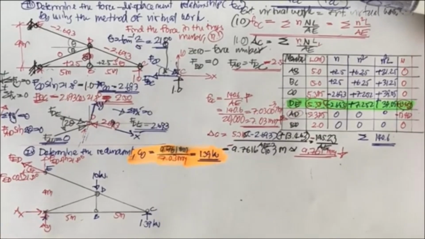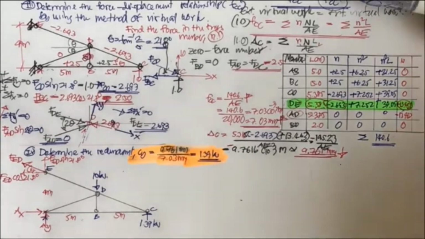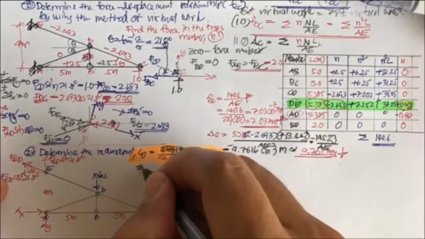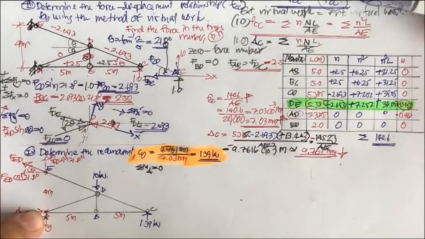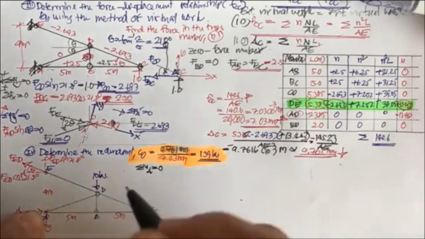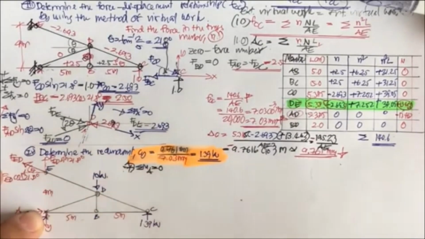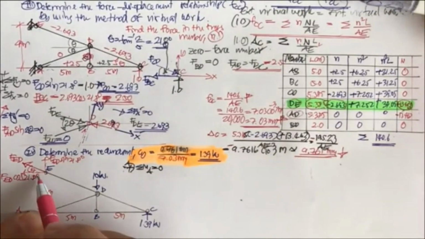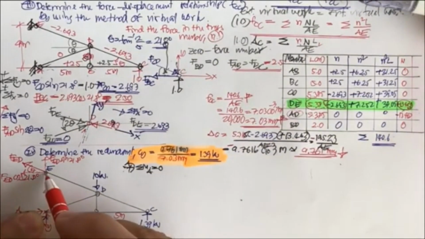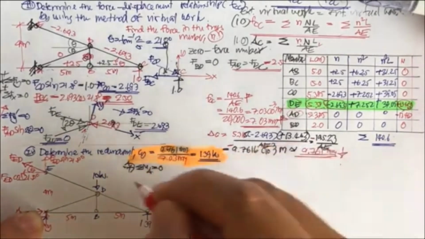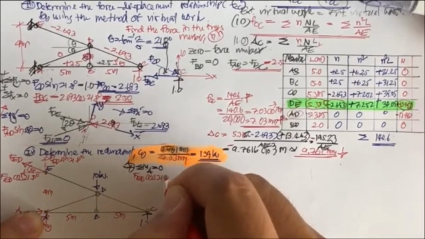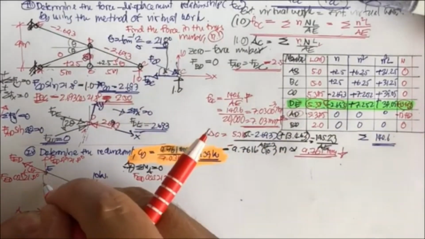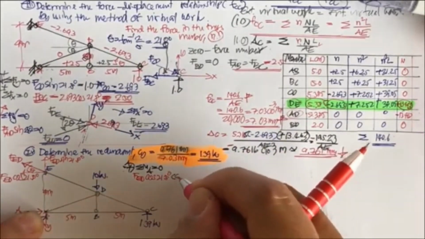If you do the summation of the moment about A equal to 0, okay, just take summation of the moment about A equal to 0. And you determine this, right? So just push it is positive. We have this one times 4. We have F sub ED cosine 21.8 degree times 4.